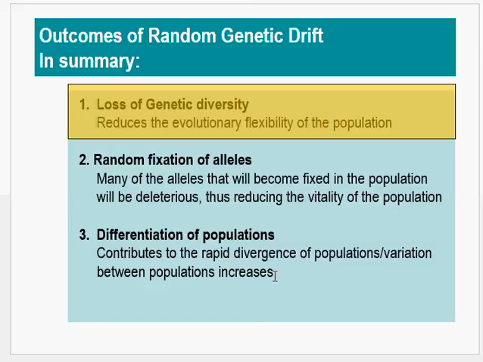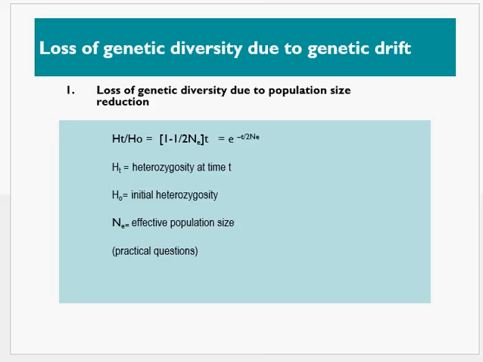We can work out this loss of genetic diversity over time by looking at the effective population size. The effective population size, denoted by NE, we're going to talk about in the next podcast, but suffice it to say that it is the number of individuals within the population which are actively reproducing.